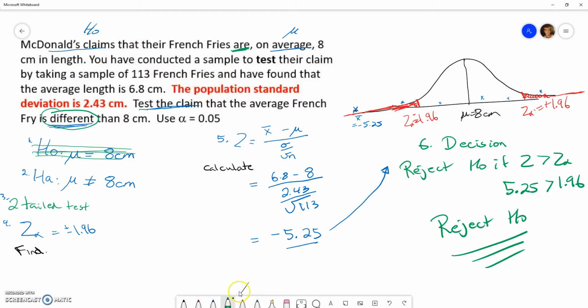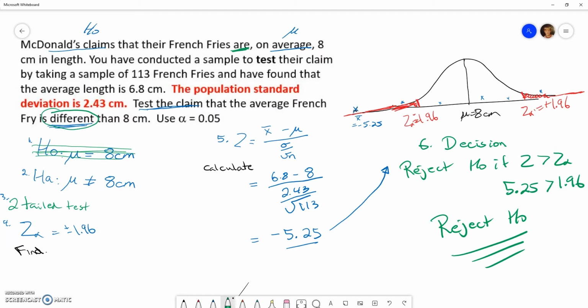The only difference is that the population standard deviation is not known, so you have to use a sample standard deviation. Everything would stay the same, except your critical value is going to be a t-value, your test statistic is going to use the t formula, and then you are comparing two t-values.